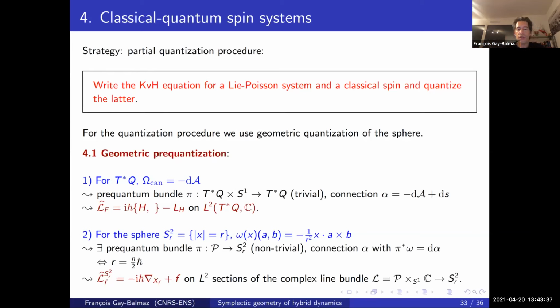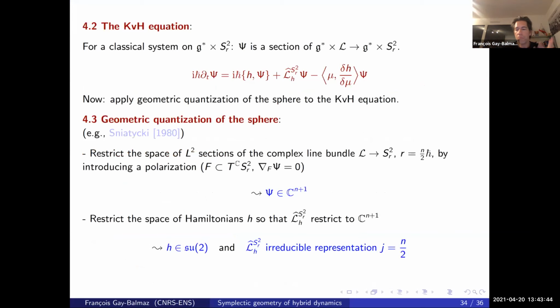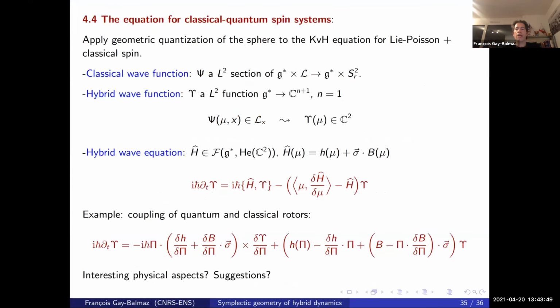In our case, we apply this to the sphere. So we use geometric quantization of the sphere. I don't want to go through the details, just give you the answer that we get. The answer that we get is this kind of hybrid equations. Given some hybrid Hamiltonian defined on the dual Lie algebra, giving some Hermitian operator on C2, here I took a spin 1/2 with such a Hamiltonian function.